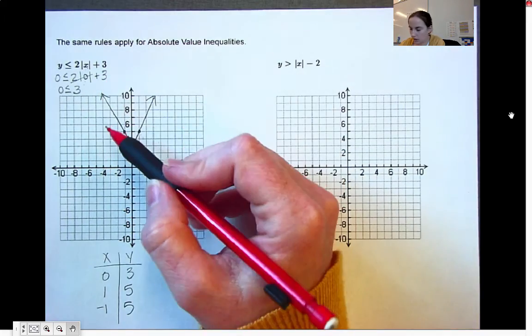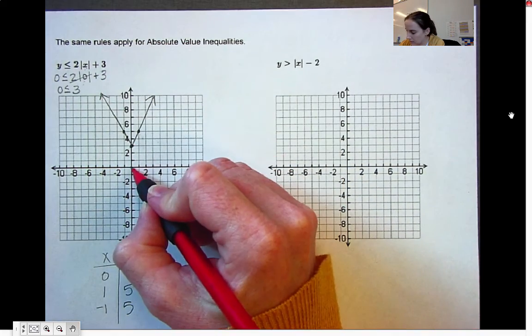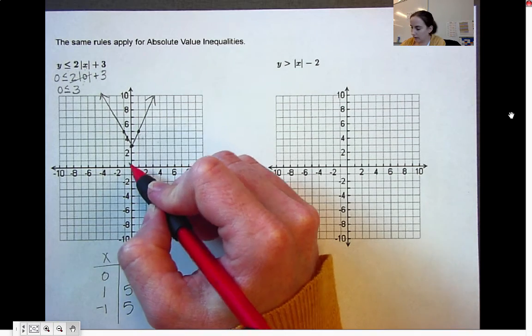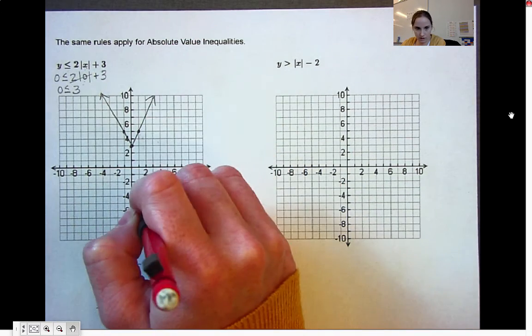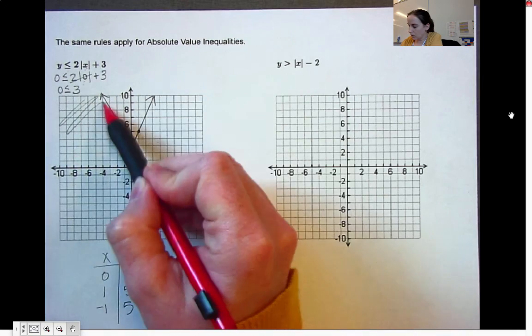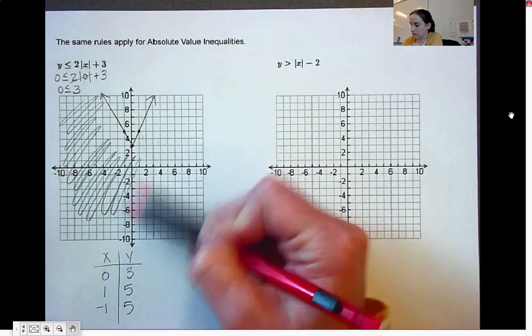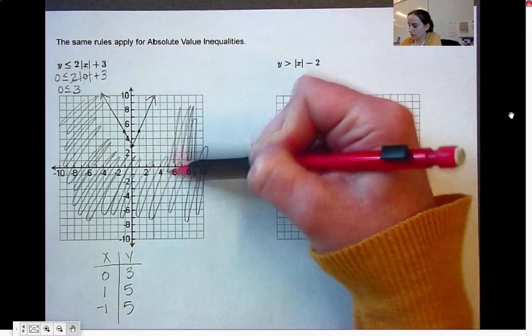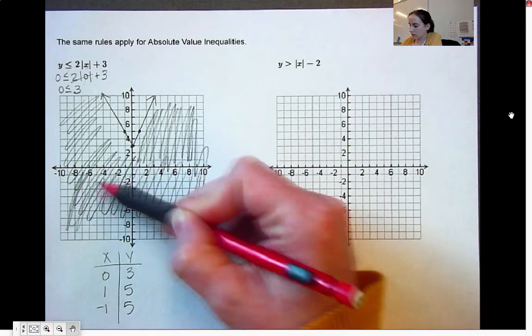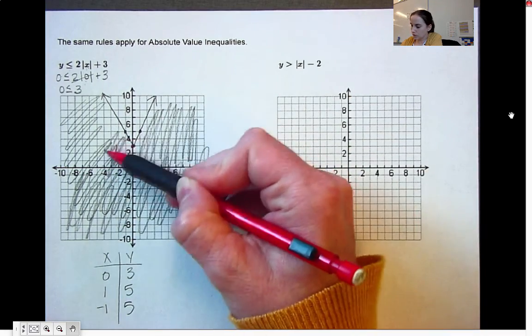Looking at your shape, anything that is in the region is either inside or outside. And so this is all on the outside is where we're going to shade because the 0, 0 was on the outside. So everything here is a solution.